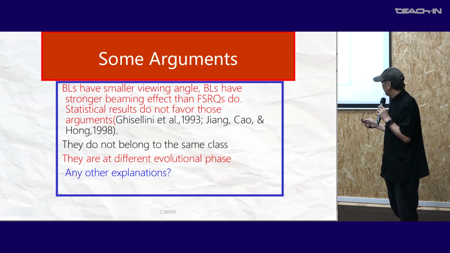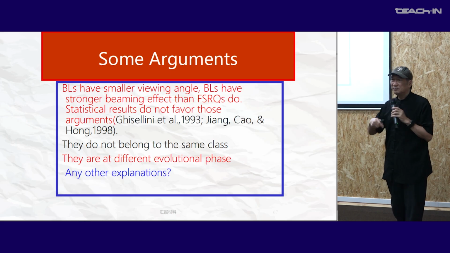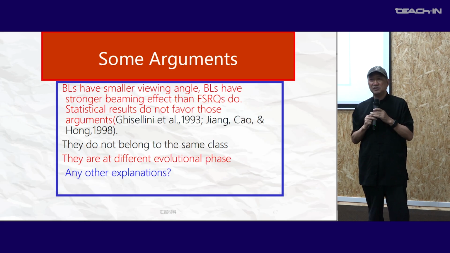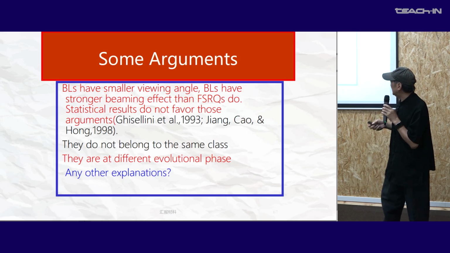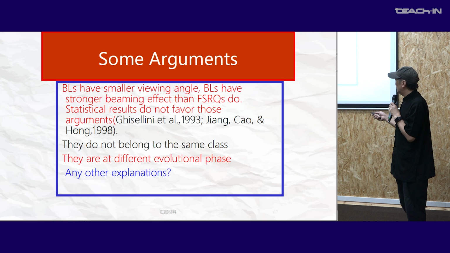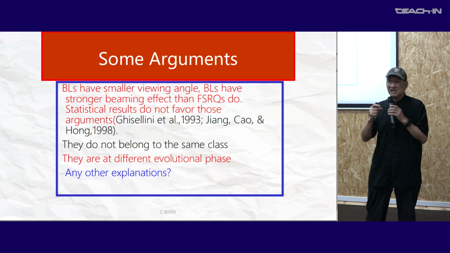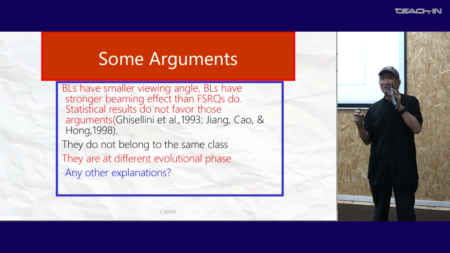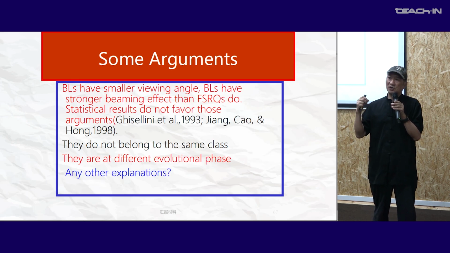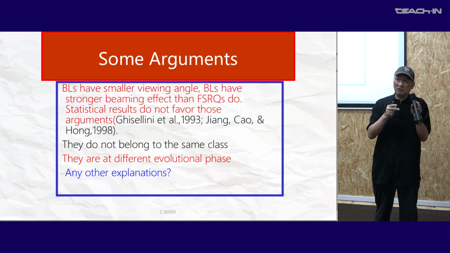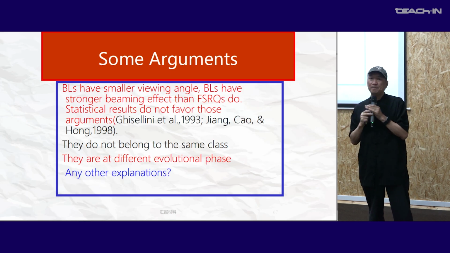Somebody thinks that we do not need to consider their relation, because FSRQs and blazar objects are different subclasses, so there is no more discussion. Some people think that BL Lac-like objects and FSRQs are in different evolution stages. Perhaps FSRQs, having strong emission lines, evolve into BL Lac-like objects.